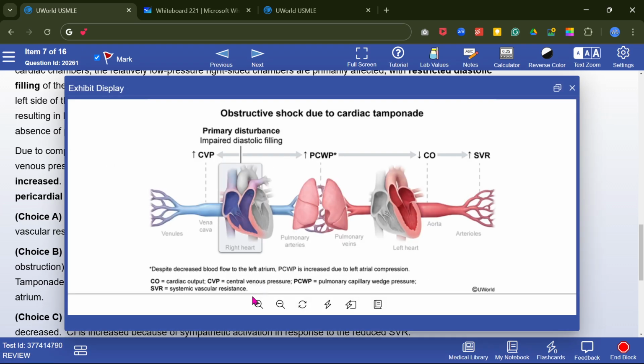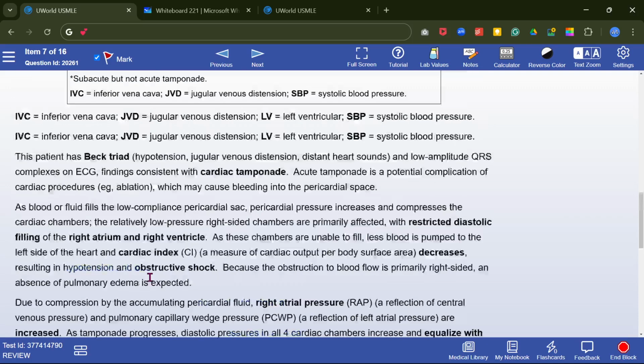Okay, in obstructive shock due to cardiac tamponade, central venous pressure is increased, pulmonary capillary wedge pressure is increased, cardiac output is decreased, and systemic vascular resistance is increased.